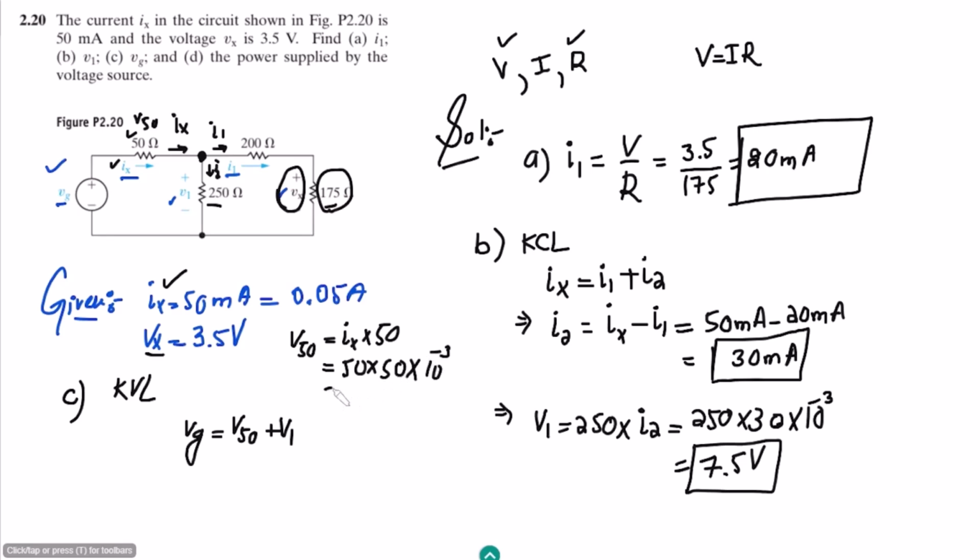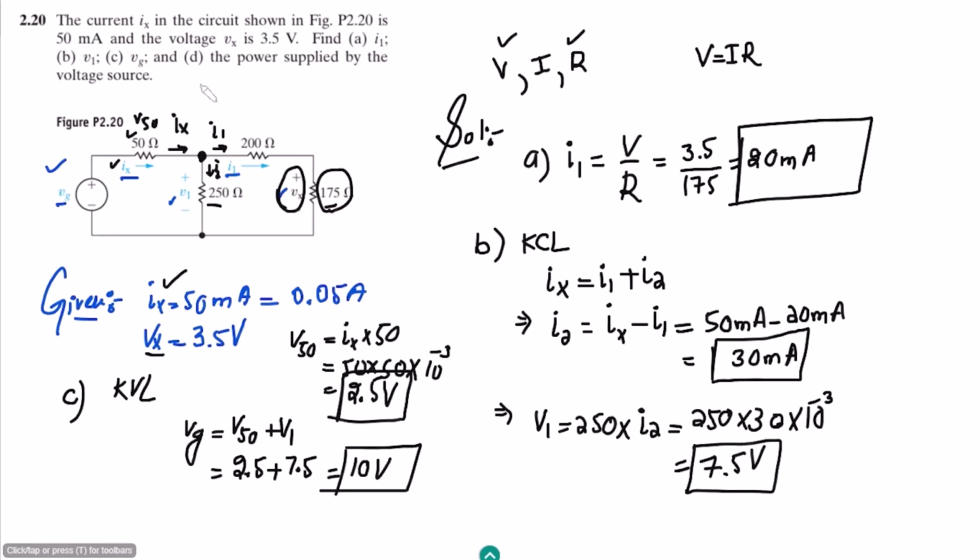So this would be 2.5 volts. So V50 is 2.5 volts and the value of V1 is 7.5 volts. Adding them together, I will get 10 volts. That is the solution of part C.